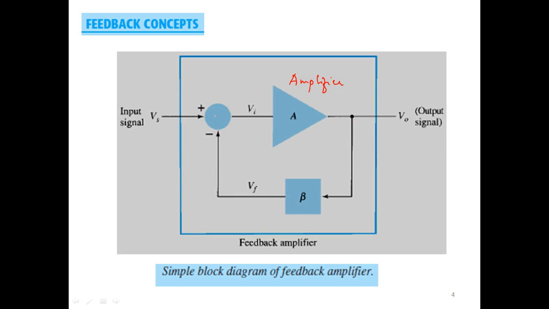At the mixer side, you will get the feedback signal, which is either in phase or out of phase with respect to the original input signal Vs. If both of them are in phase, we call such feedback positive feedback. If they are out of phase, then we denote the feedback as negative feedback.